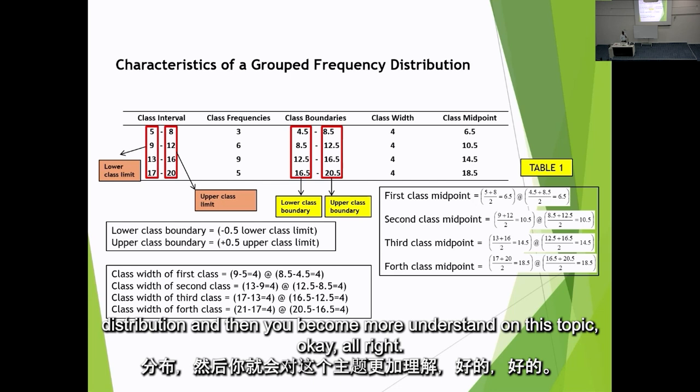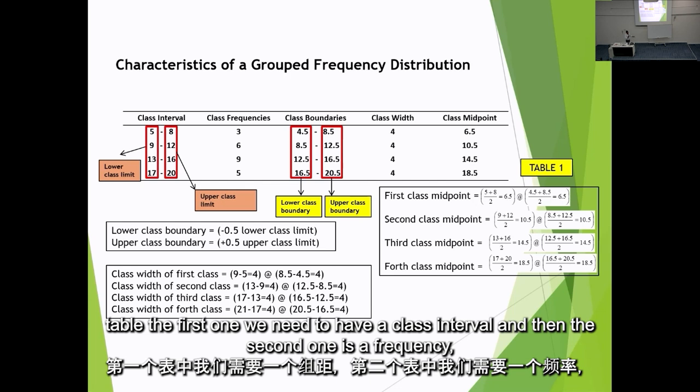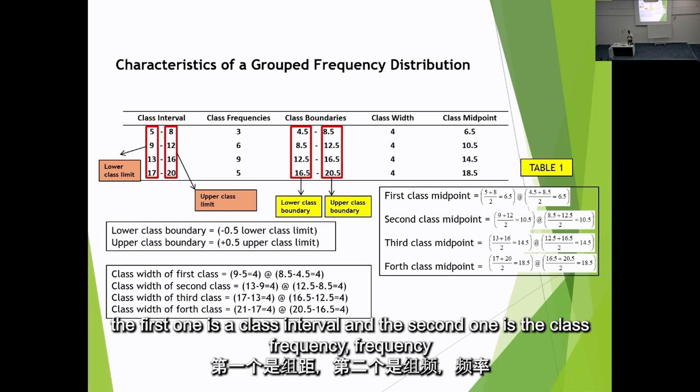Basically, for the frequency distribution table, the first thing we need is the class interval, and the second is the class frequency.